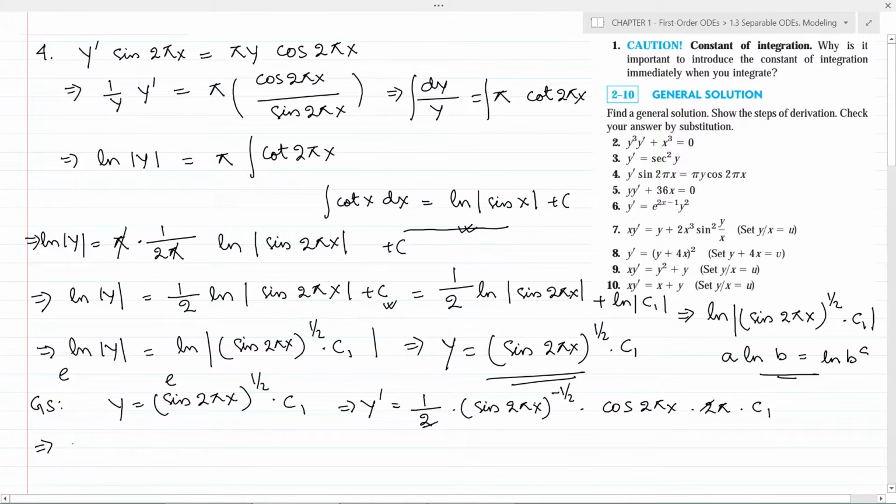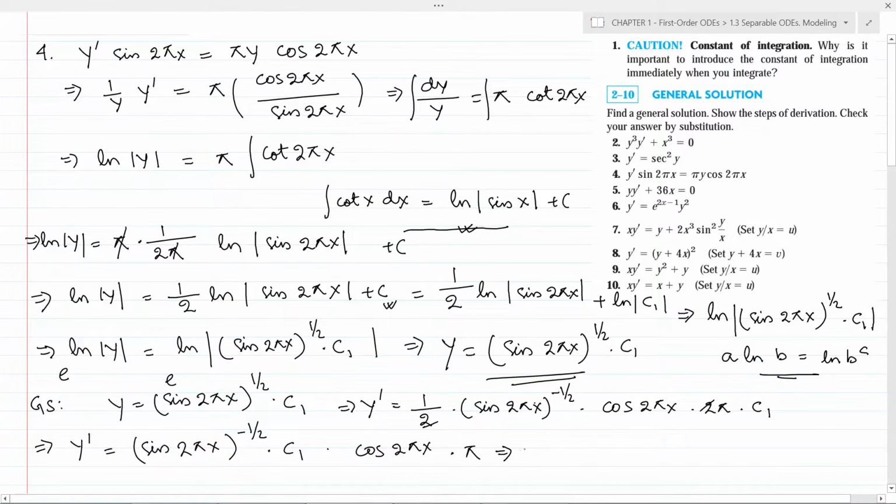We can write this as y dash is equal to sin 2 pi x to the power minus half multiplied by c1 multiplied by cos 2 pi x multiplied by pi.